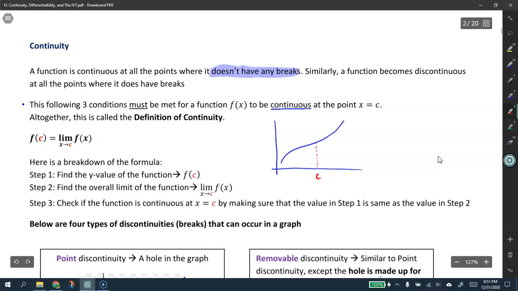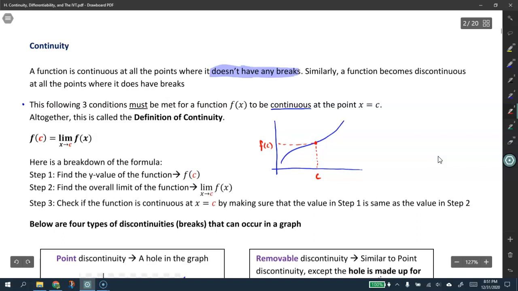Its function value will be called f of c. To prove that this is a continuous point, meaning there are no breaks at point c, we have to do 3 things in calculus.